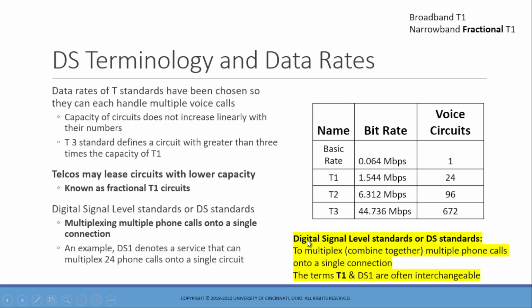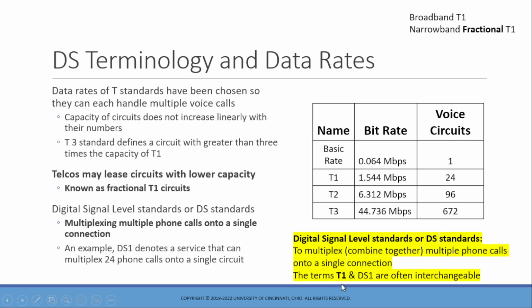Well, there's a digital signal level standard, or DS standard, that uses multiplexing to combine together phone calls and other signals into one connection. So combining all those different signals into one stream is the DS standard.